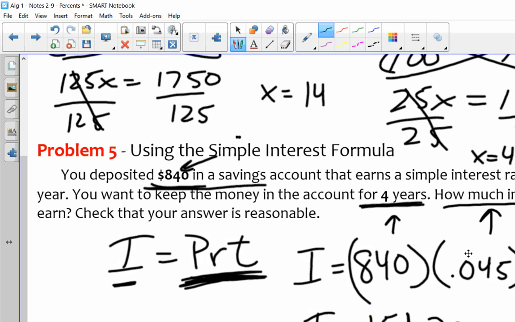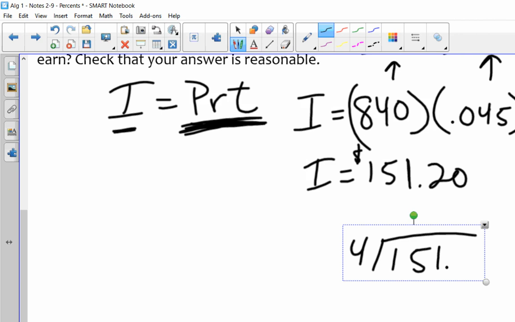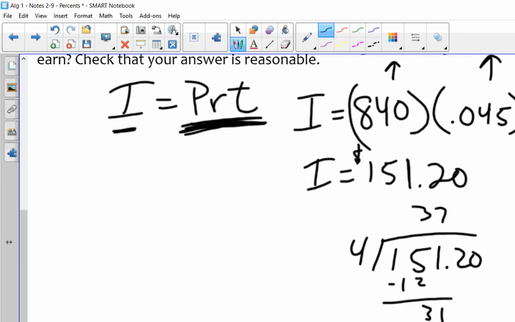Okay. So let me just point that out. Remember, that was for 4 years. So let's see how much I make per year. Didn't really ask that, but I'm using this to explain something to you. When I divide that, I'm just doing it on the board here. I don't want to use my calculator.